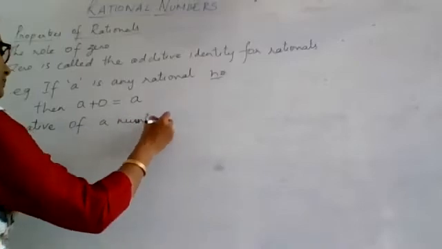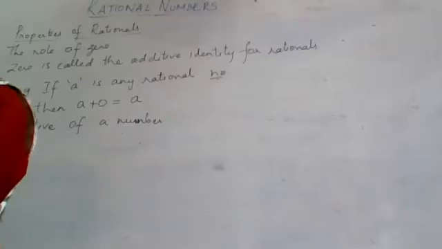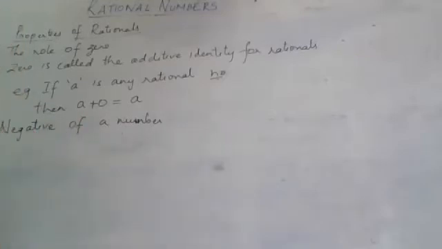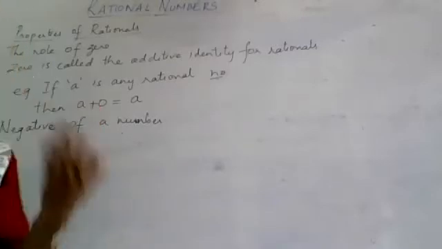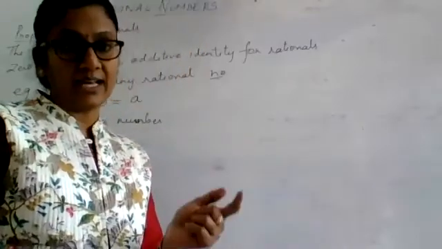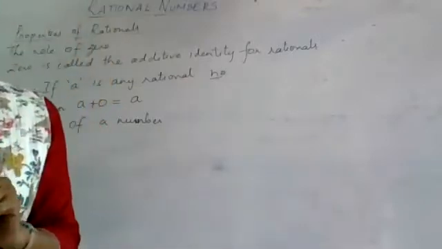This is another property with respect to rationals. If A by B is a rational number, then there exists another number, negative A by B. When I add A by B and negative A by B, I get 0.